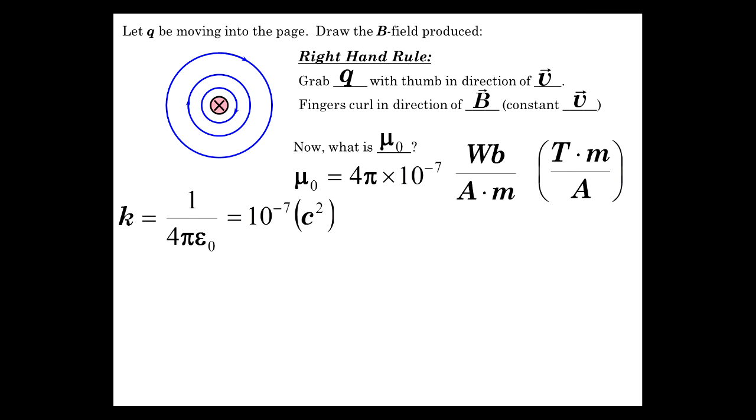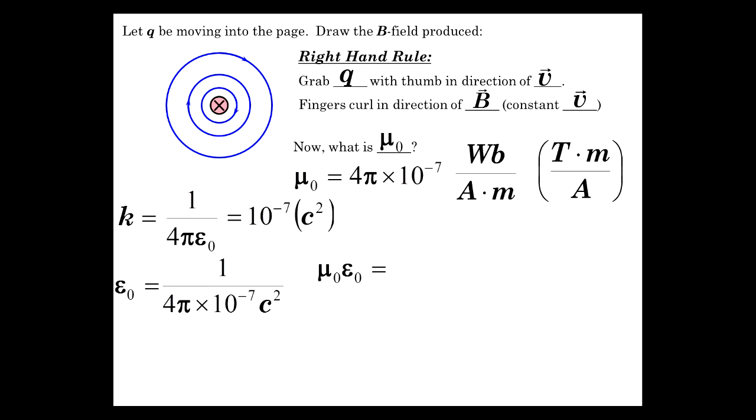Speed of light squared times 10 to the negative 7. You can put that exact number in the expressions for electric field forces and discover that that's true. Now, epsilon 0 then, if we solve it here, is simply 1 over 4 pi times 10 to the negative 7 c squared.